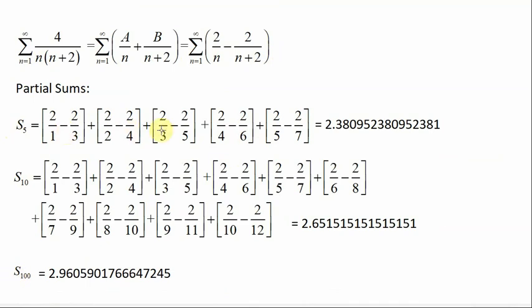The sum of the first 5 terms is 2.38095. The partial sum, or the sum of the first 10 terms, is 2.651515.